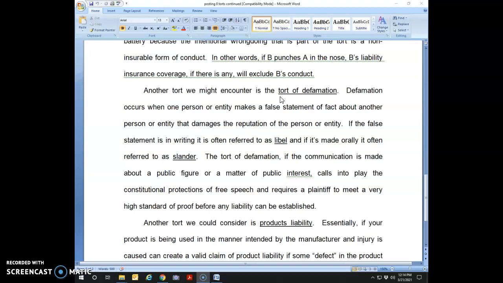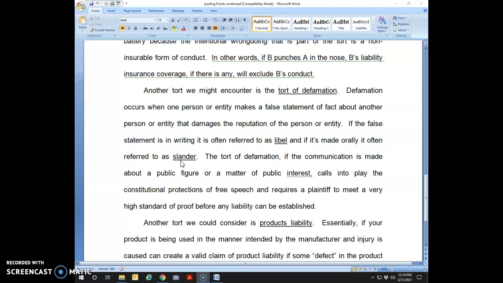So the tort of defamation, if it's a written defamation, it's libel, L-I-B-E-L, and if it's oral, it's often referred to as slander. And what is the tort of defamation? When someone or an entity makes a false statement of fact, not opinion, but fact about another person or entity that damages that person's reputation or the entity's reputation.